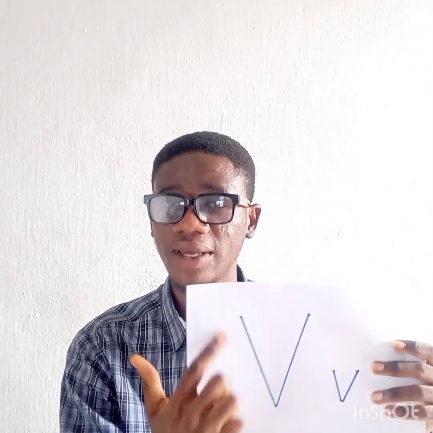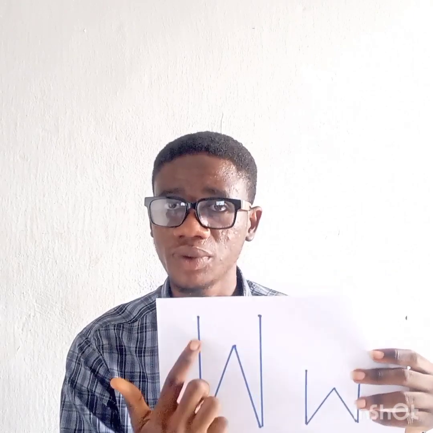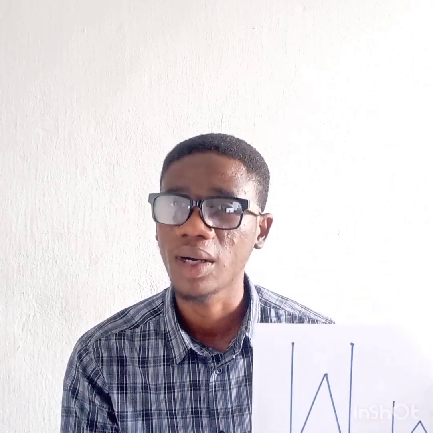Now, you have this letter V. Again, V, right? Then you have this W, and the sound is W, right? Then you have this letter X, and the sound is X, like box, right?